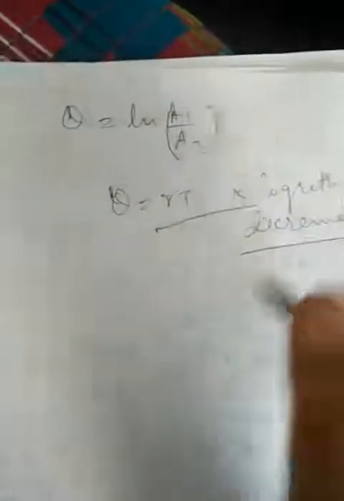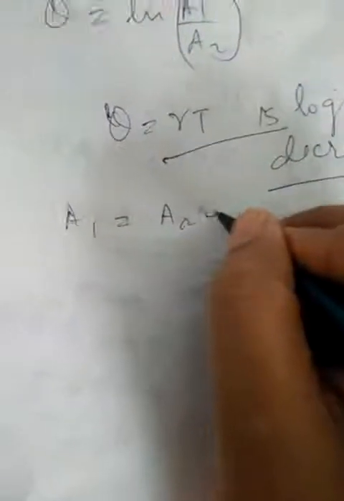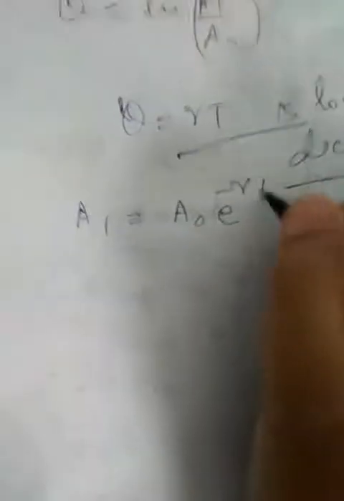Another way in which logarithmic decrement can be defined is, let us say, the amplitude at first is A naught e raised to minus gamma t1.